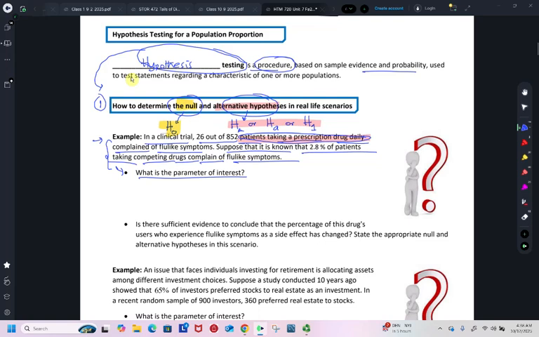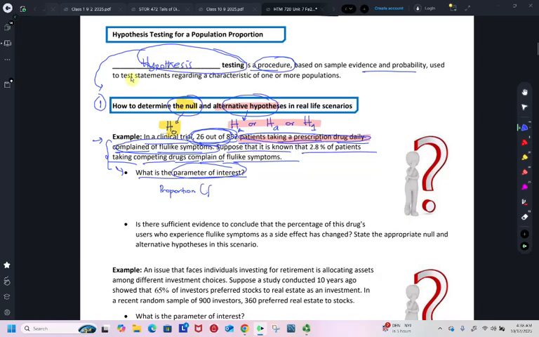In English, you say characteristic. In statistics, we say parameter. And that would be the proportion, the fraction of this population who are taking prescription drug daily and who complained of flu-like symptoms. So our parameter or characteristic of interest will be proportion.